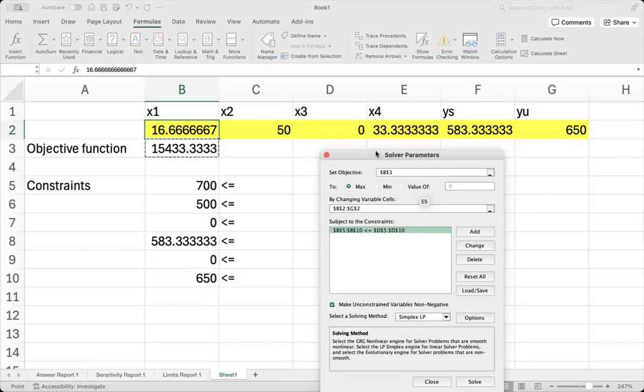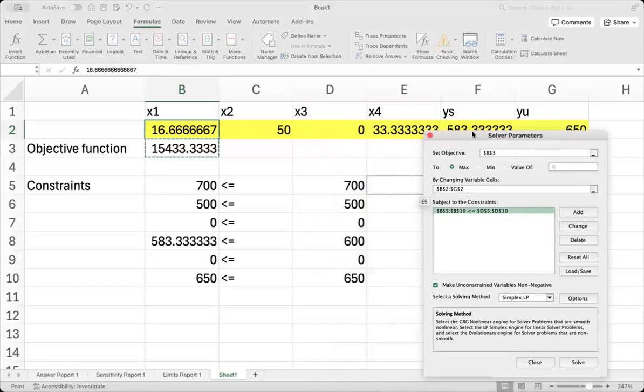And the constraint is B5 to B10, and on the right-hand side of the constraint is D5 to D10. Are there any cell references?